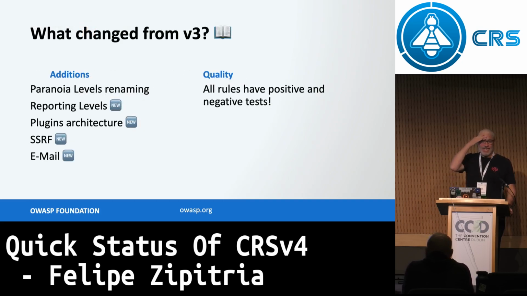So what changed? A lot, and we did add a lot of changes. Basically, we renamed paranoia levels. We changed things like names on the variables that we were using for reporting and blocking. So there was a whole discussion on the naming, and we came up with a different naming scheme for blocking and reporting.